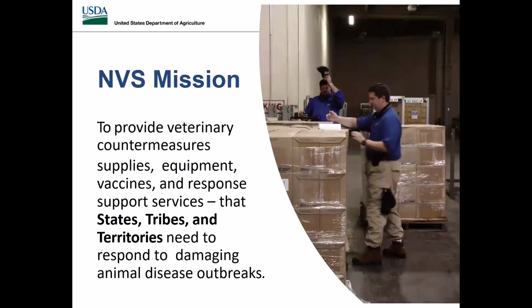So the NVS mission: we provide veterinary countermeasures to states, tribes, and territories, and the countermeasures really cover a broad range of things. It's anything that's used to counter a foreign animal disease outbreak.